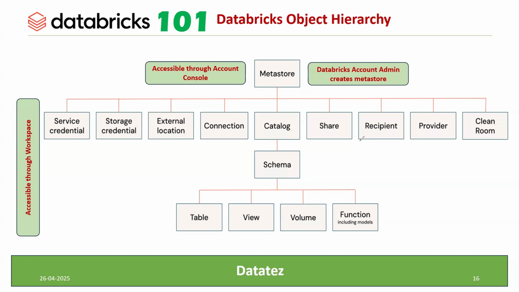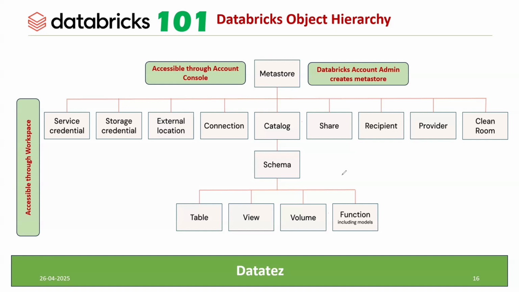Traditionally, working with our RDBMS, you will be quite familiar that we create databases, and within the databases, we create tables, views, stored procedures, and so on. So you can observe that kind of similarity here with the Databricks object hierarchy as well.